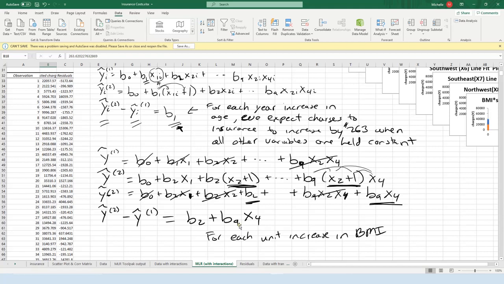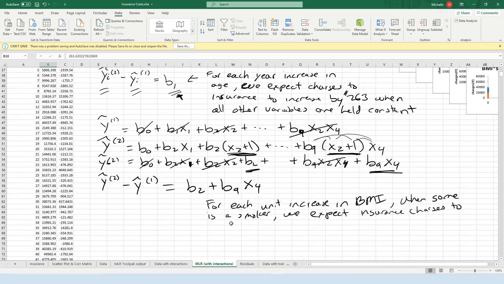So for each unit increase in BMI when someone is a smoker, we expect insurance charges to increase by, and the way we would write this, you would plug in 1 because it says when someone is a smoker, so increase by B2 plus B9.